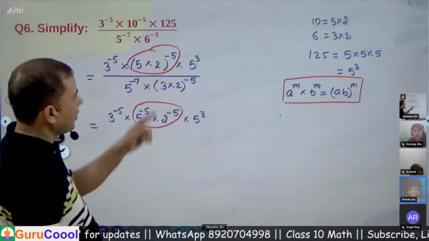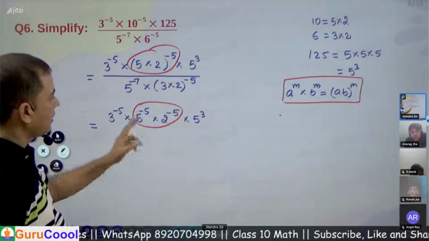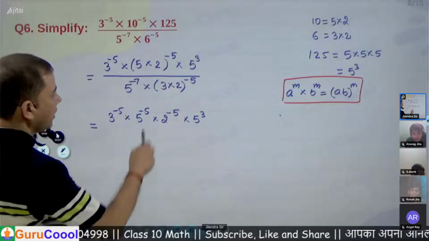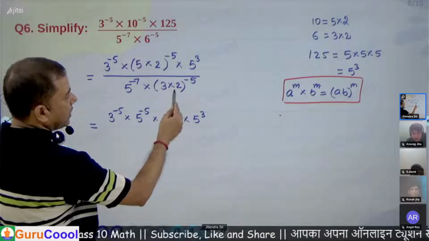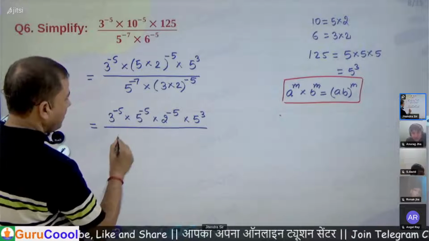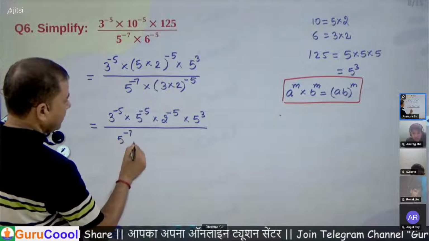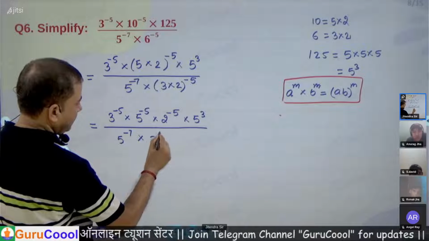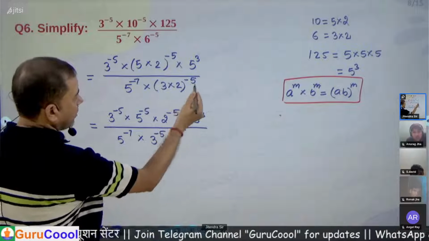Yes, sir. In this place, I wrote these separate powers. We will do the same thing here in denominator. 5 power minus 7 multiply 3 power minus 5, 2 power minus 5.